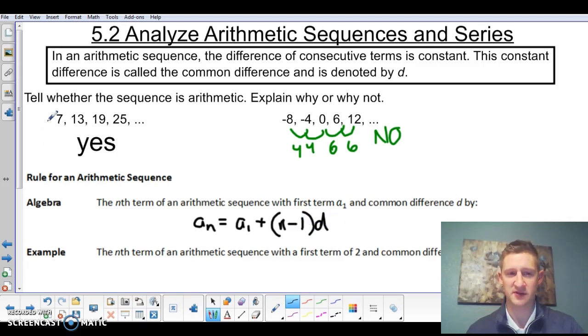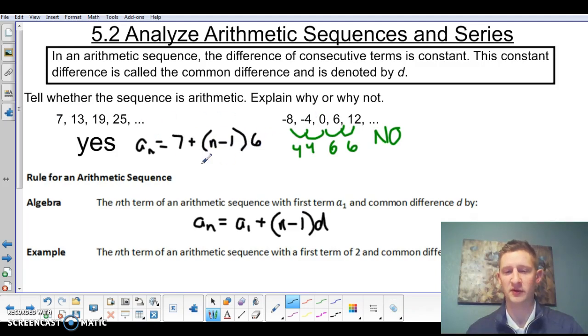So if I start with 7 and I add 6 over and over again, the rule I would write for this function would start out as a sub n is equal to 7, the first term, plus n minus 1, and again, n the number of terms, times d, the common difference, which happens to be 6.